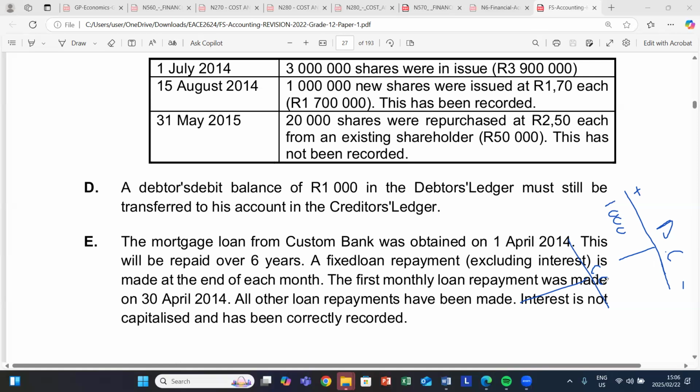In the creditors ledger, did you add or minus it? Yeah, you're correct with regards to double entry. But my question is, in a creditors ledger, did you add or did you minus it?